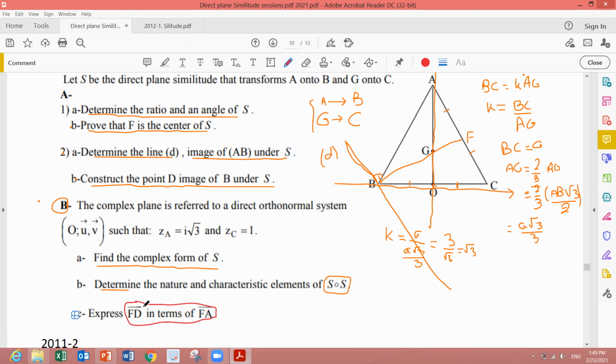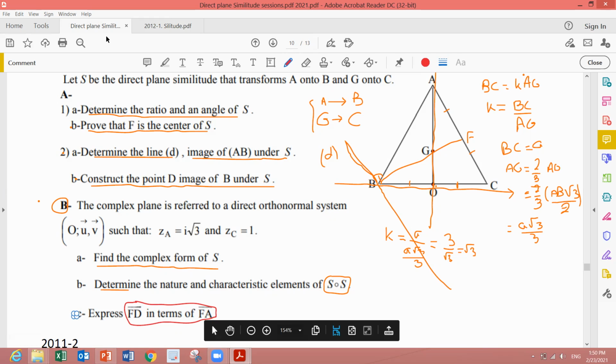Part B, and A. Since we have a dilation, we use the dilation. We take S round S, the composite, of which point?